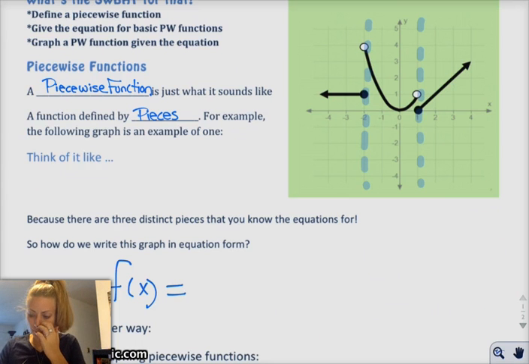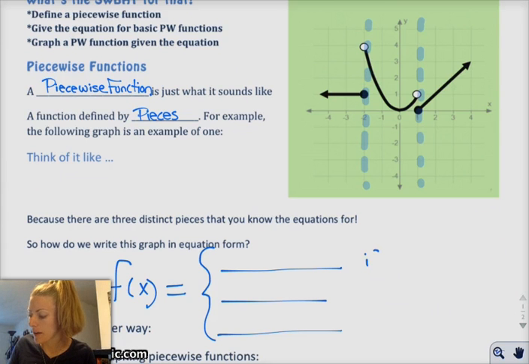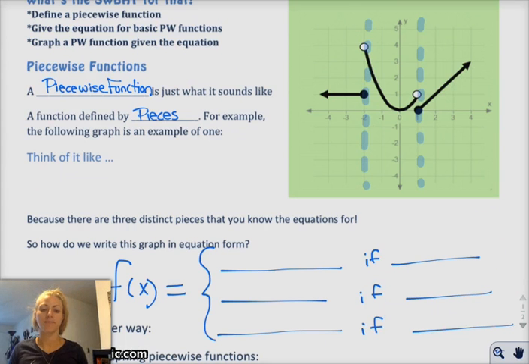Okay, so you should get really good at drawing these fancy little brackets, because we have function 1, function 2, and function 3, and then we want to say where those exist. So the general format looks like this. Okay, so first chunk, the girl who belongs on the fence, right?